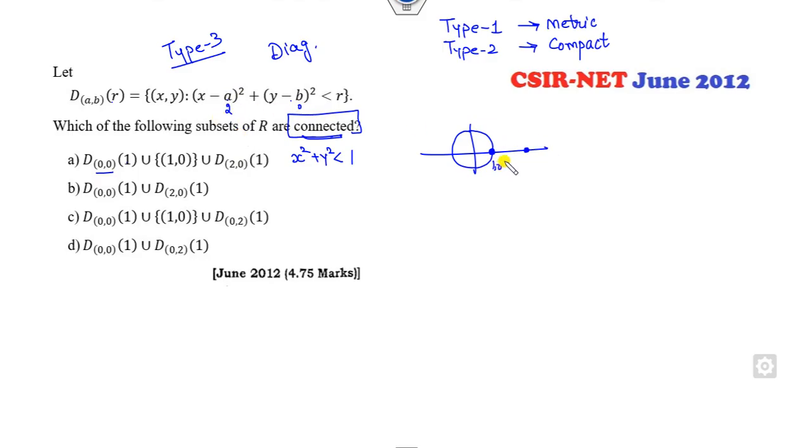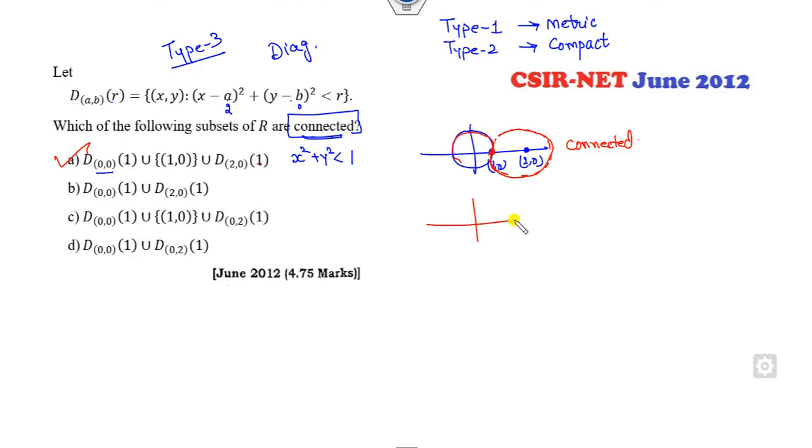This is my (1, 0), it's my (2, 0), and the radius is 1. So it is passing through here. Clear? Now, can you say it's connected? What is the meaning of connected? If I take any point from here, I can easily move. If I take any point here, because this point is included, I can move to this side. Yes, this is connected. Fine.